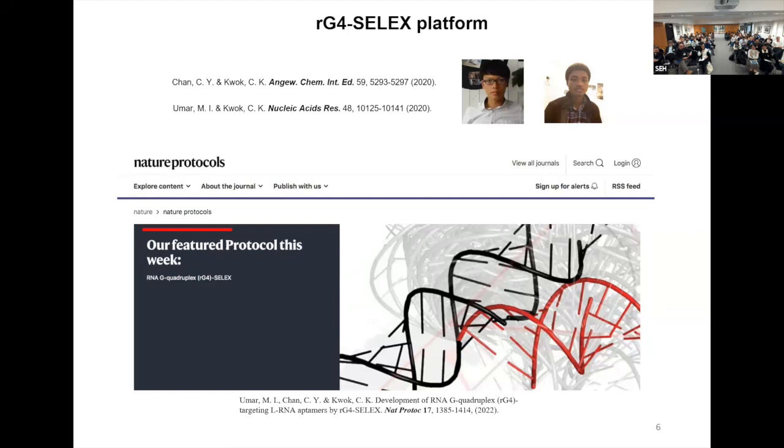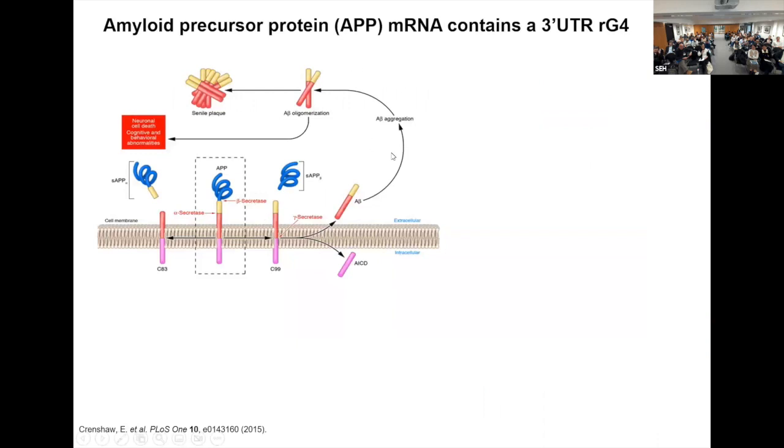Today I'm going to focus on one particular L-aptamer and the target that we use, which is an important G4 that we found in APP, the amyloid precursor protein.